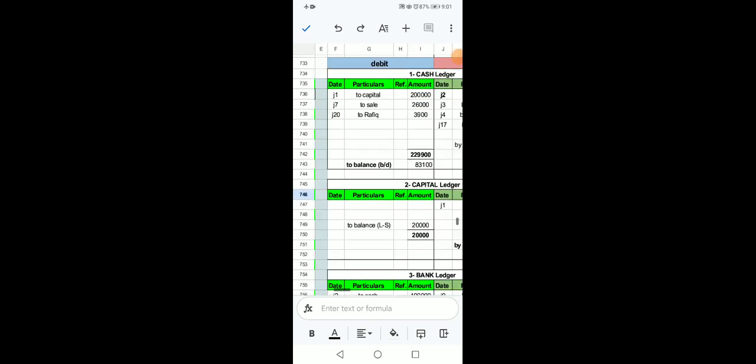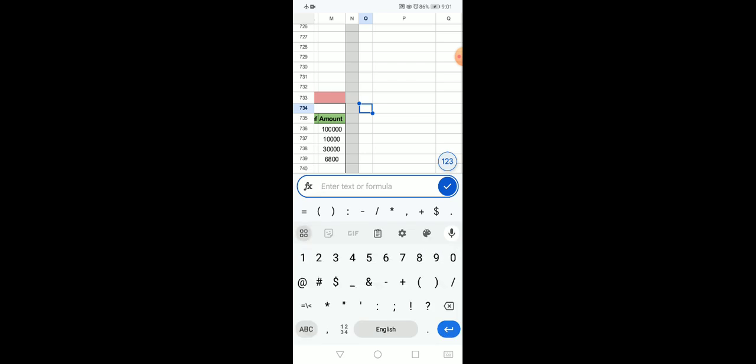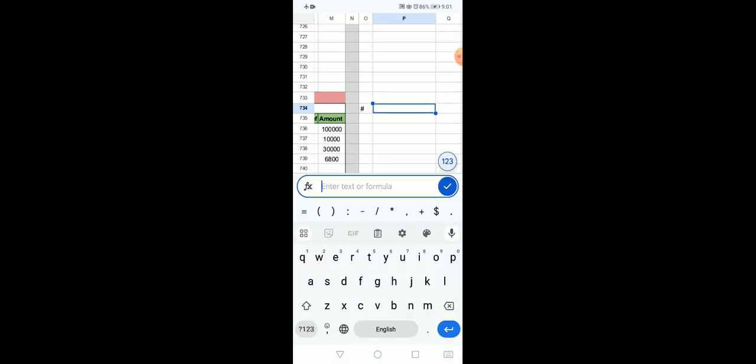Here we will be drawing the format for the trial balance. So guys, here is your journal, ledgers, and just next to ledgers we are going to make the trial balance. For the trial balance, the first column will be used to write down the ledger number, and then the title or detail.